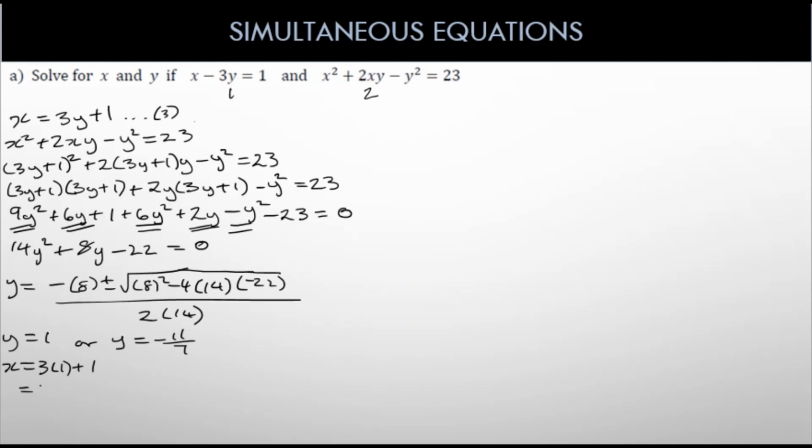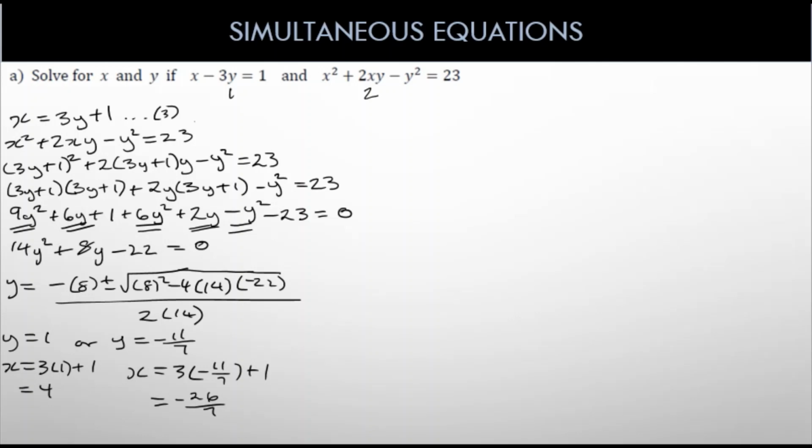And if y is negative 11 over 7, then using equation 3, I'll have 3 times negative 11 over 7 plus 1, which is equal to negative 26 over 7. So I've solved for x and y simultaneously.